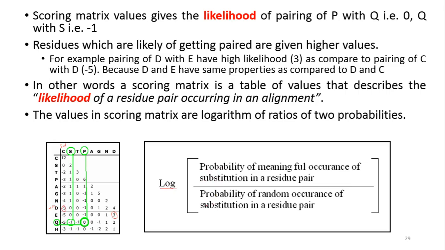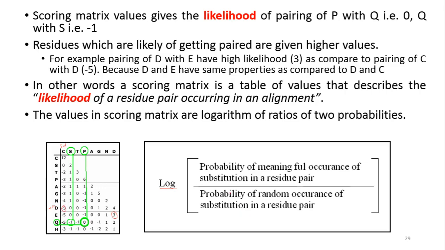These are the log of the ratio of two probabilities: the probability of meaningful occurrence of a substitution in a residue pair, divided by the probability of random occurrence of a substitution in a residue pair. Now the logic is simple.